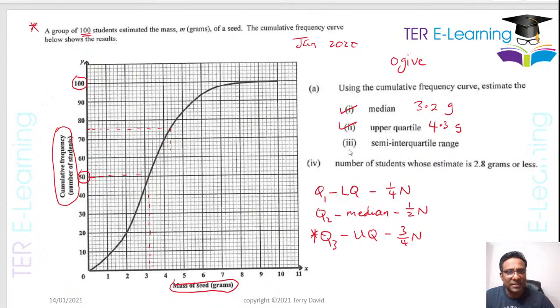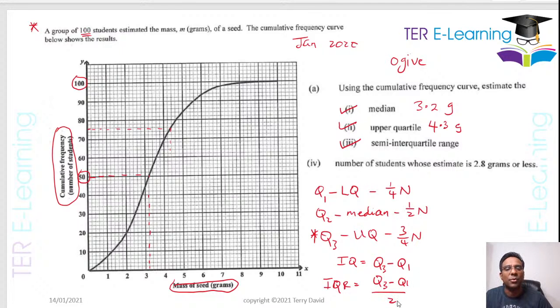The next thing they want us to find is our semi-interquartile range. There's a formula for this. The interquartile range is simply my upper quartile minus my lower quartile. The semi-interquartile range is equal to Q3 minus Q1, divided by 2.